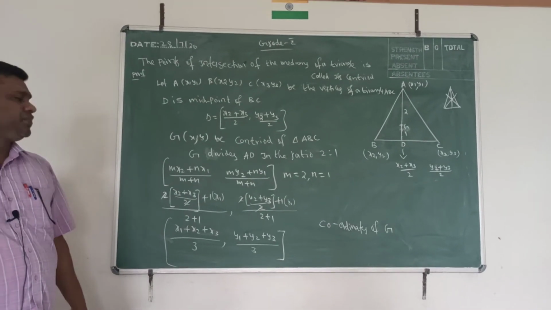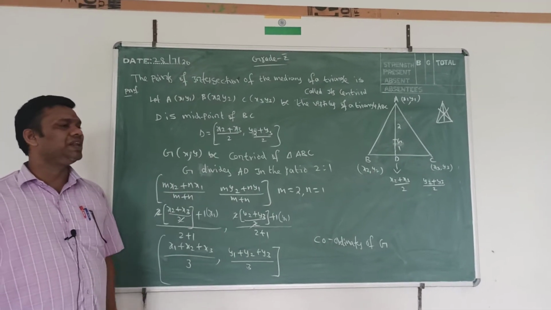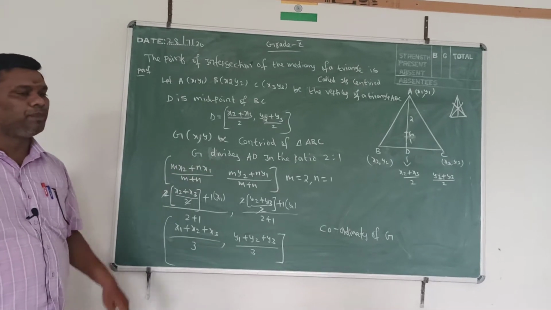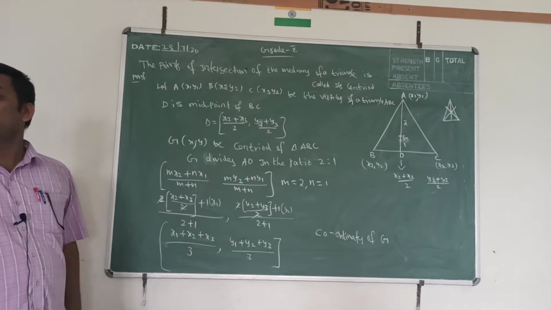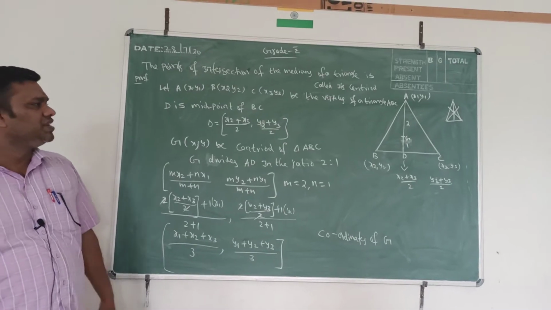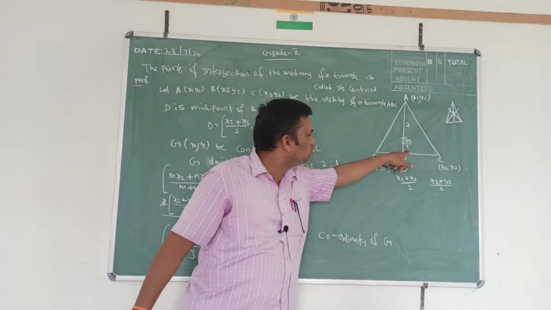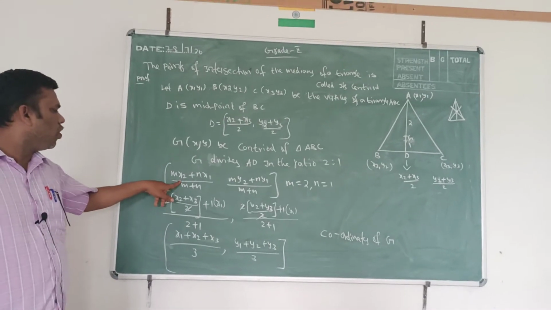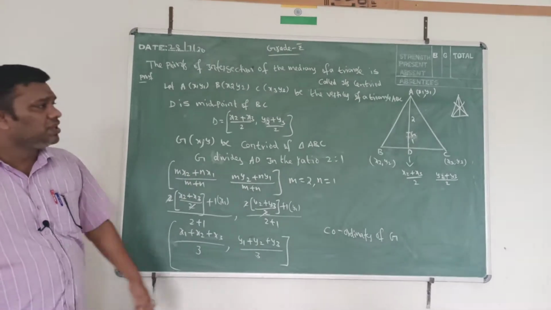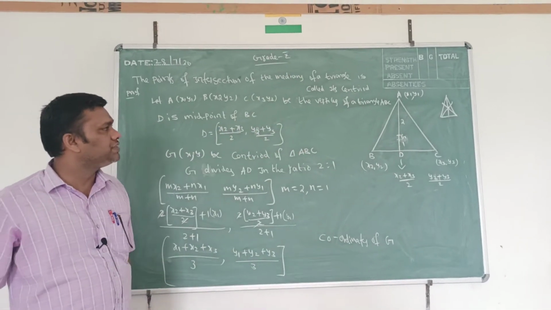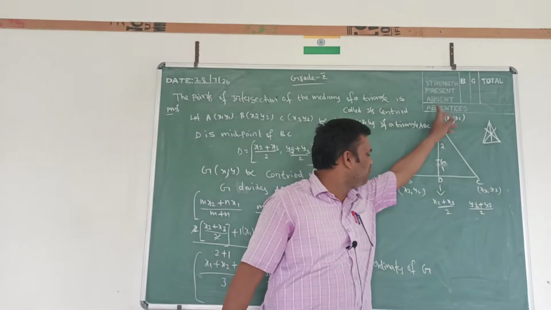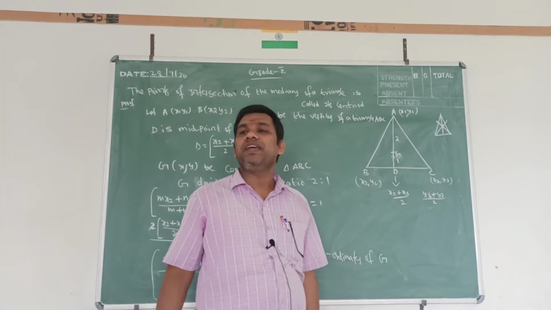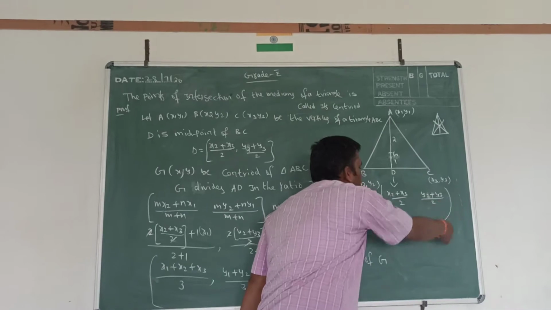The division formula: (mx2 + nx1)/(m + n), (my2 + ny1)/(m + n). Here m is 2 and n is 1. We are considering AD only, so x1, y1 are from A and x2, y2 are from D.